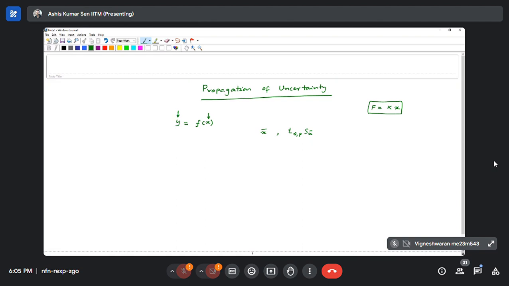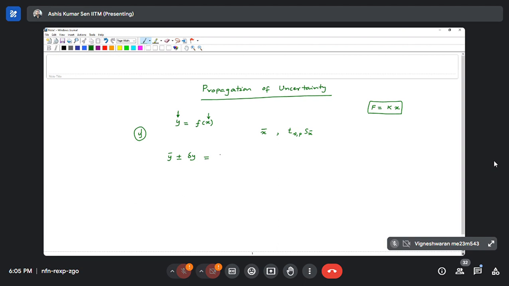We can say that the true value of y would fall within a range. Let's say it may fall within a range of y mean plus minus delta y. So this is the range within which the true mean of y, that is y prime, is expected to lie.